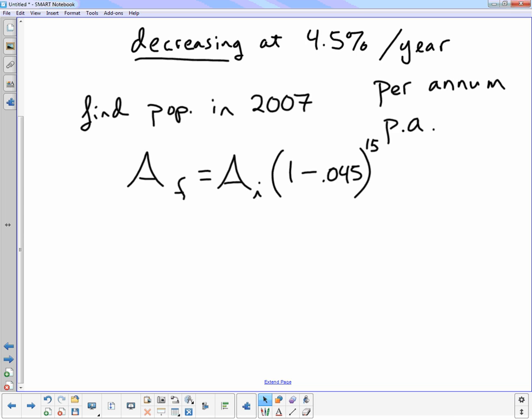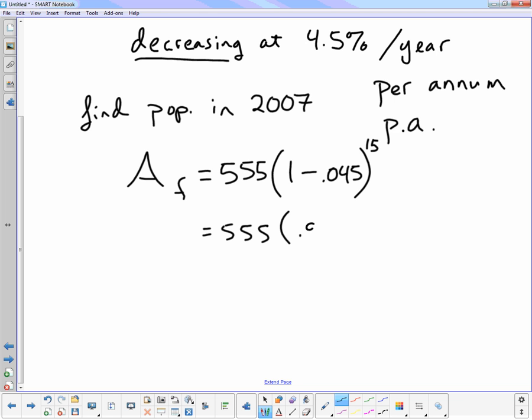Okay. Now, when you crunch this, I'm going to plug in my amount initial, which was 555, times 0.955 to the 15th. It's a beast.